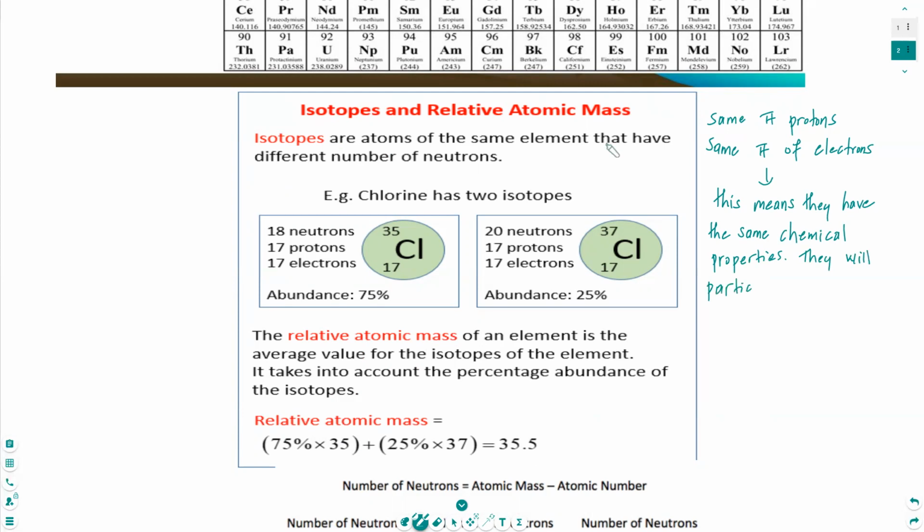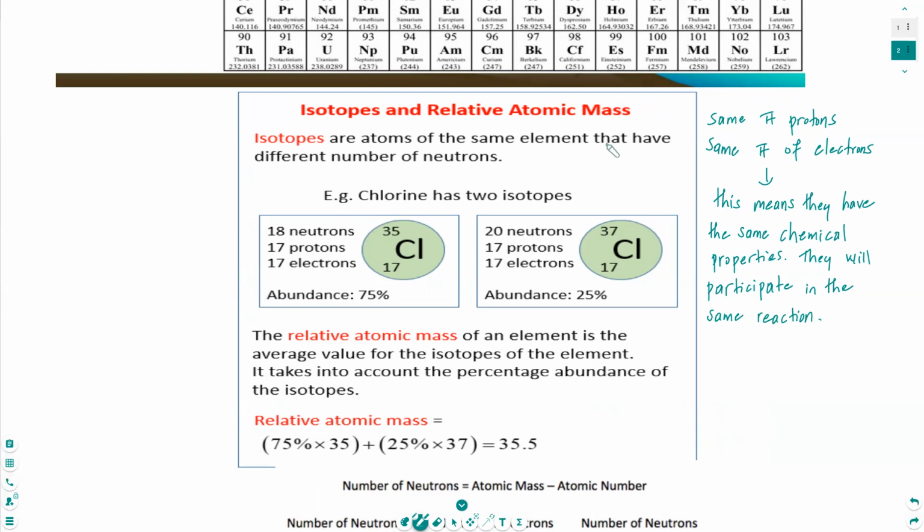So basically we have two isotopes here. We have chlorine 35 and we have chlorine 37. And what I'm saying is that because they have the same number of electrons, they will do the same reaction. So any reaction that chlorine 35 can do, chlorine 37 will do the very same thing. The difference between the atoms, however, is the mass number.